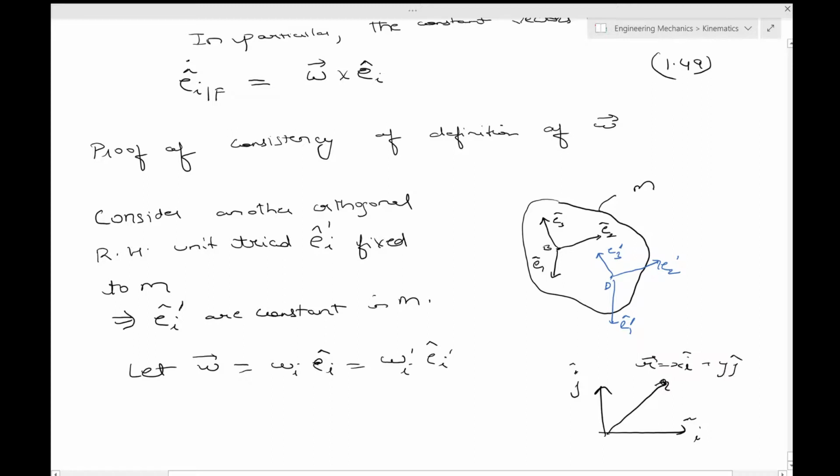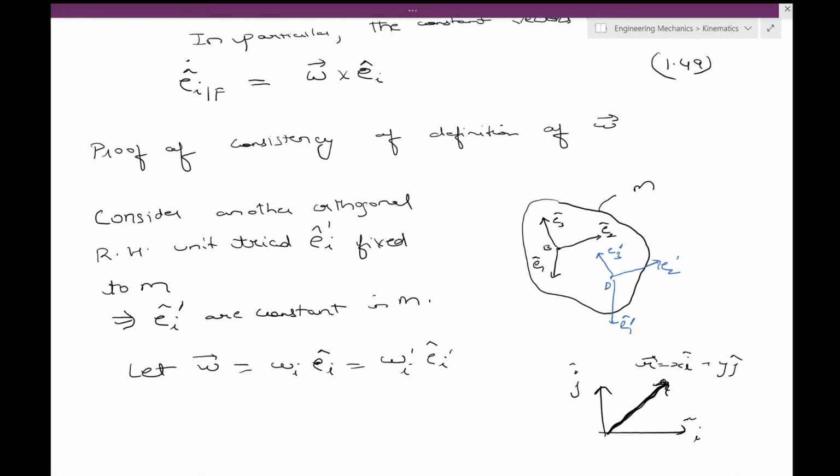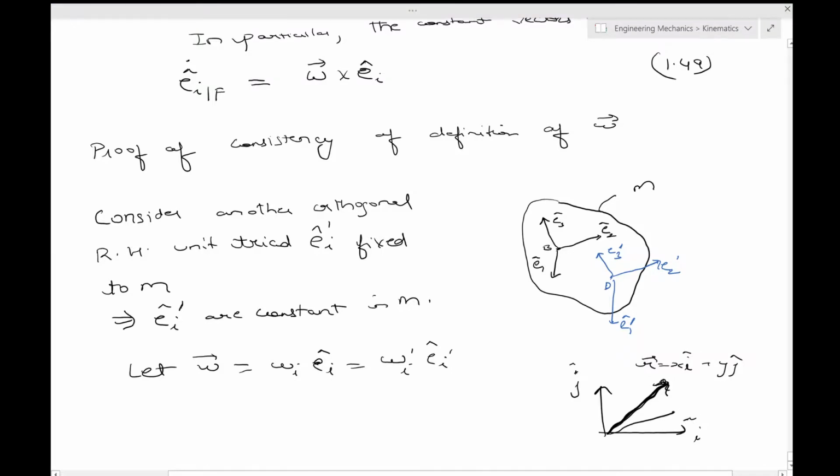Okay, and the same vector can also be written, let me draw a new one. Say you have another i dash and j dash coordinate system.